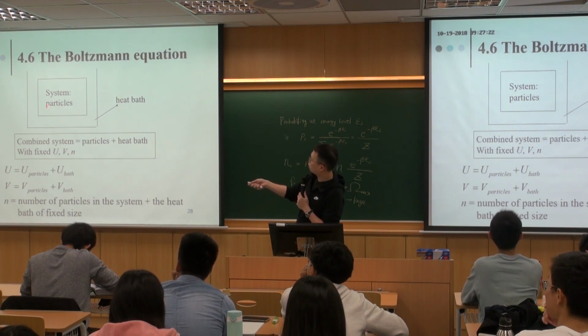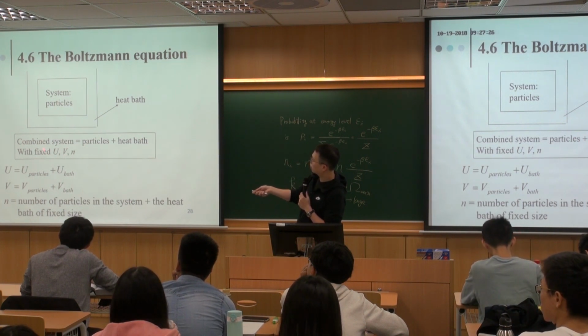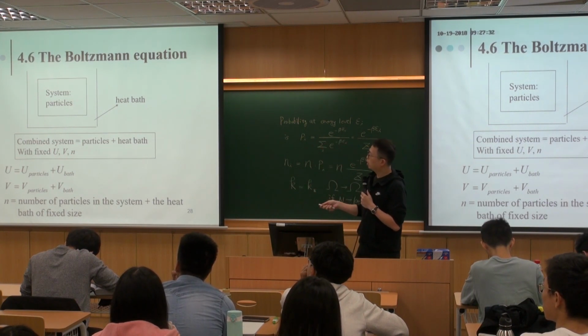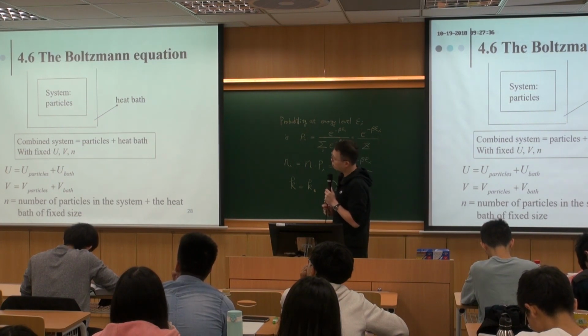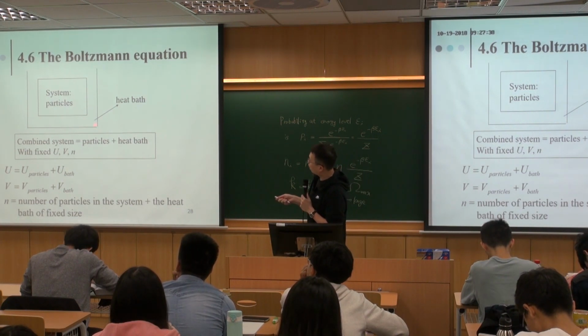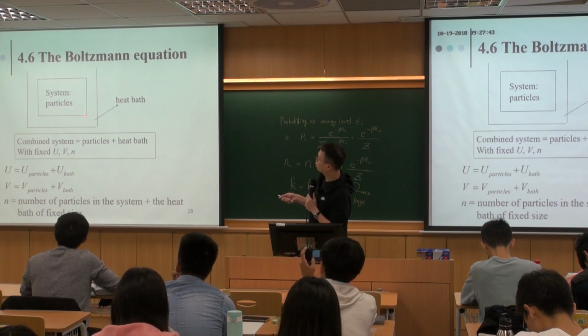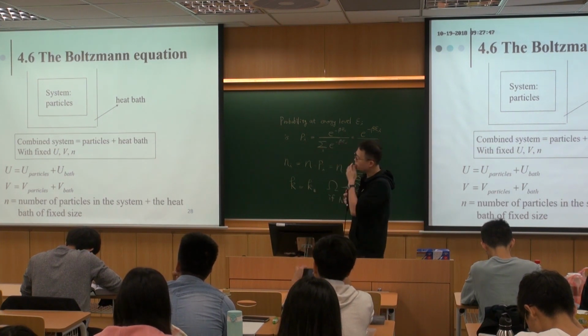The total volume is also constant. And more importantly, the total internal energy for these two systems adding up together is a constant. So if you have heat flowing from the heat bath into the particles, there's a minus Q here, and you add Q into the particles.